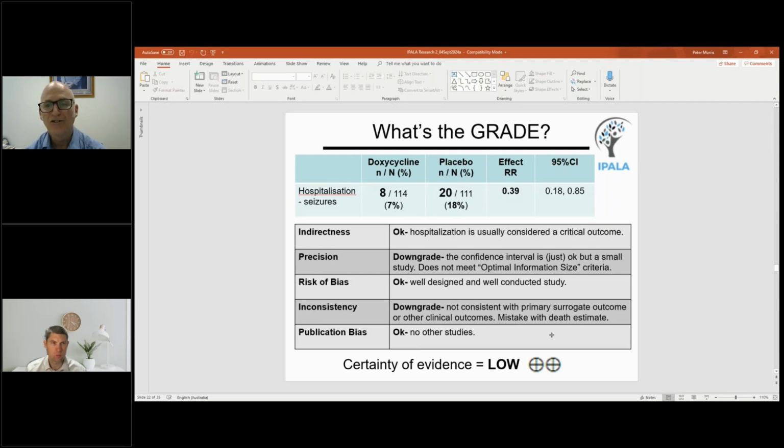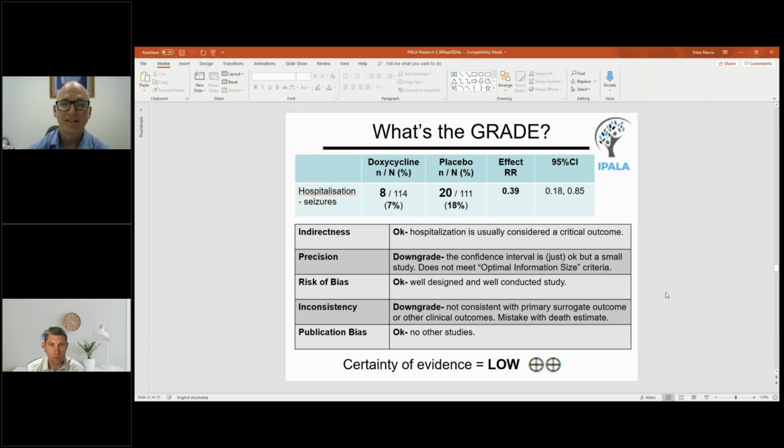They did report consistency with an estimate of death, but they made an error with the statistics. There were 13 deaths due to epilepsy, 9 in the placebo group and 4 in the treatment group, and in the paper it said that this was statistically significant, but that finding of 4 versus 9 can quite easily happen by chance.